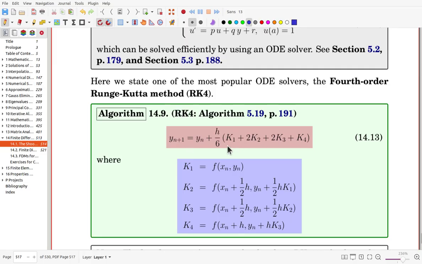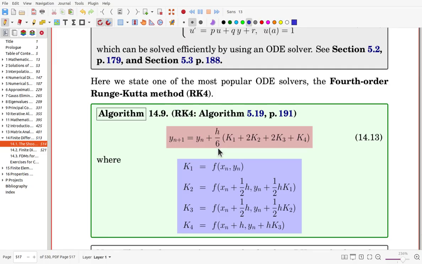The right side has 4 evaluations, K1, K2, K3, K4, defined in this way. Now the linear combination, the total contribution is 1, 2, 2, 1, divided by 6.